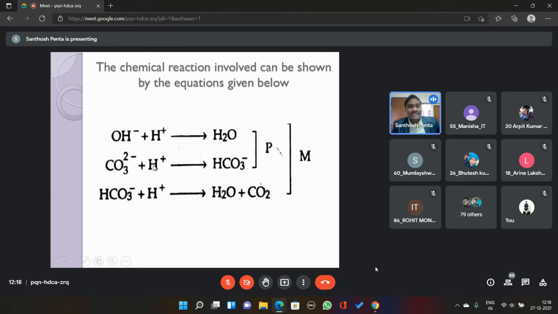During the reaction, it proceeds stoichiometrically: initially 1 mole of H plus reacts with carbonate to produce bicarbonate. If you continue the titration, the bicarbonate may further react with H plus and undergo complete neutralization.